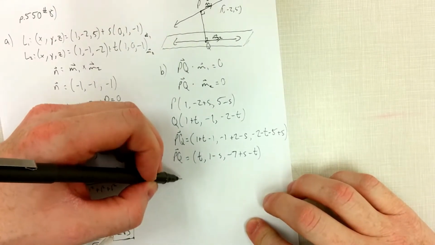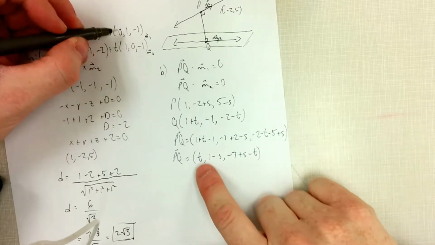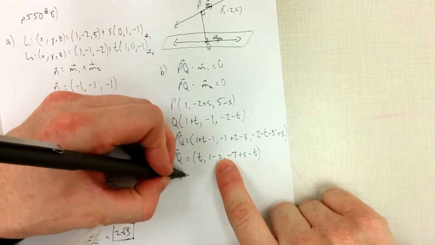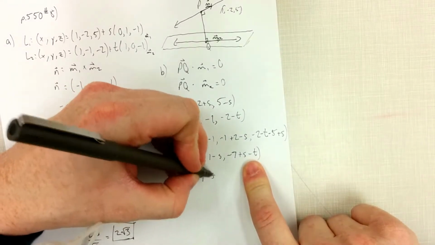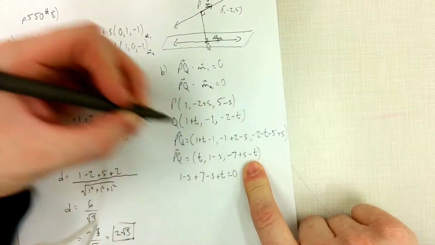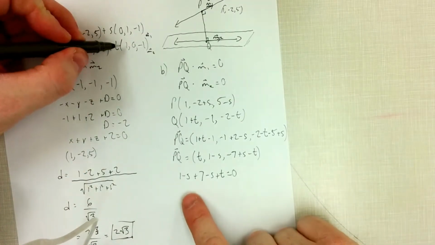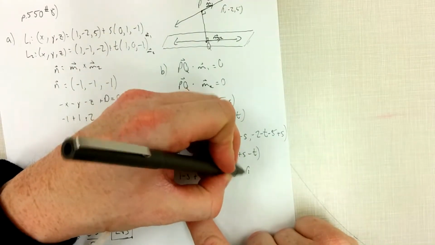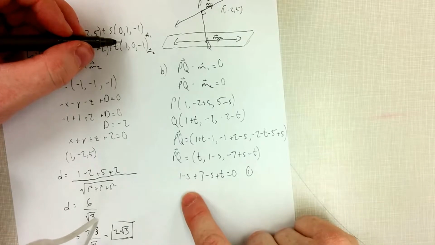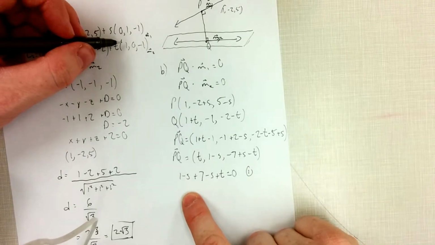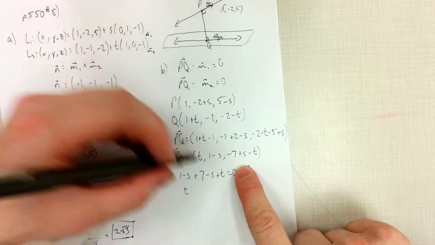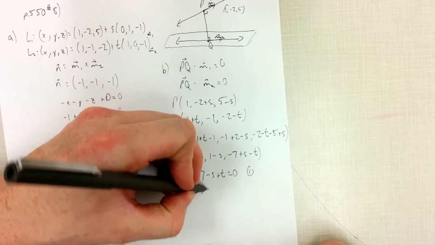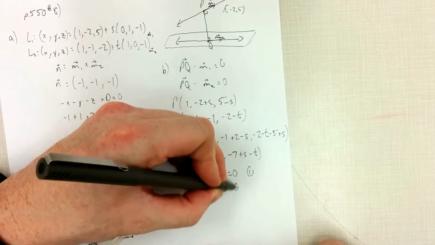So I'm going to have PQ dot M1 equal 0. That'll be 0, 1 minus s, plus 7 minus s plus t equals 0. This will be my equation 1. Then using my second equation, PQ dot M2, that'll be t, 0, and then minus 1 again, which plus 7 minus s plus t equals 0.